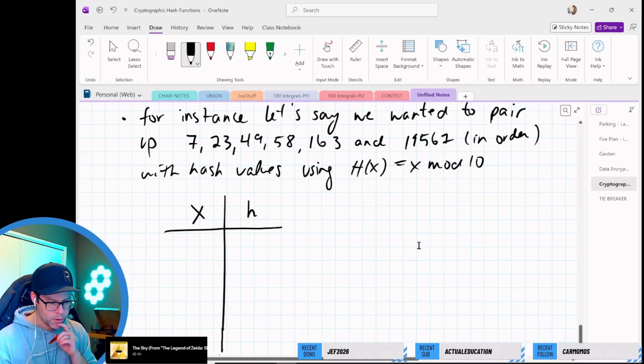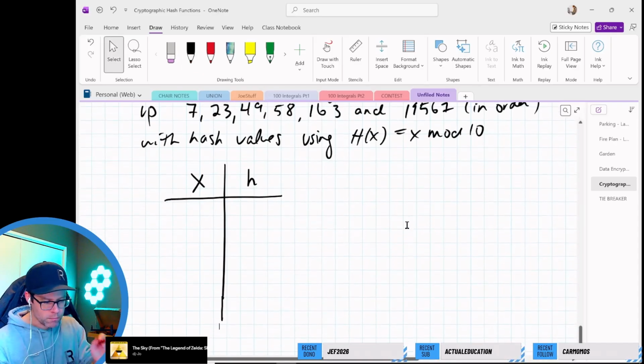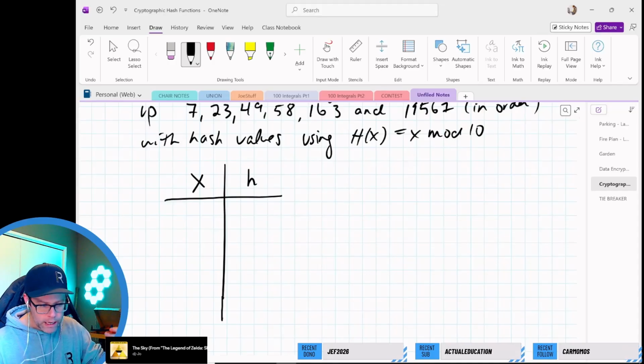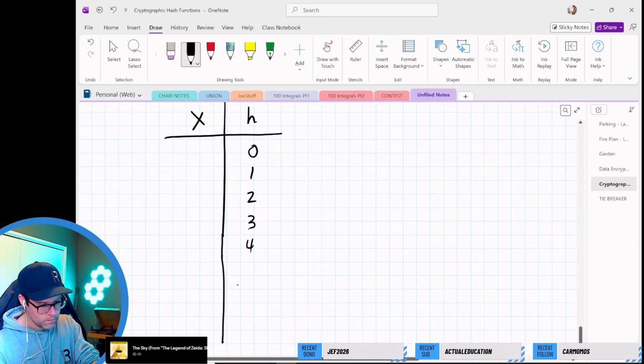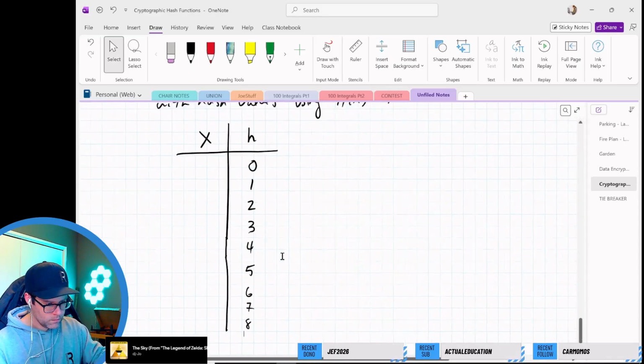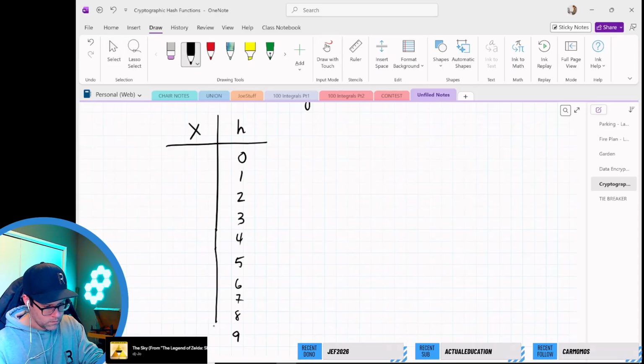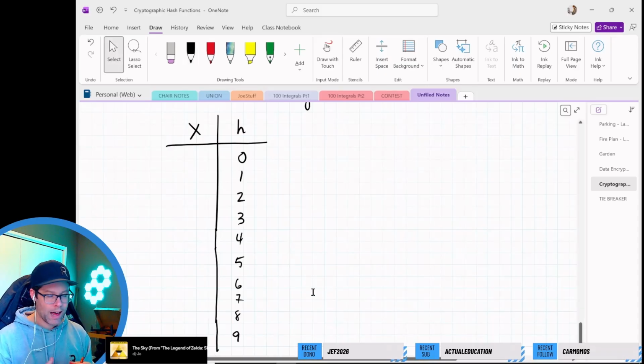The possible outputs if I use the x mod 10 way of thinking about storage is that I'm going to have 10 places where I can store information: 0, 1, 2, 3, 4, all the way up to 9. These are the possible outputs from this particular mapping.